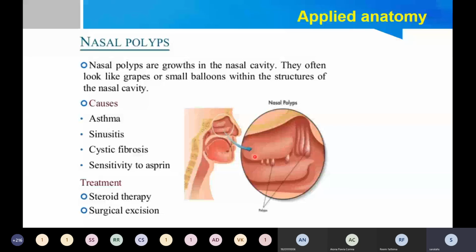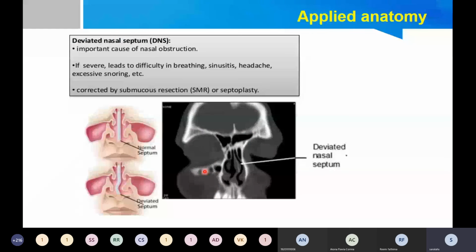I forgot to mention one word, that is the turbinate. What is turbinate? If one side the nasal septum is deviated, the other side the concha becomes bigger. Remember, concha means it is only the bone.